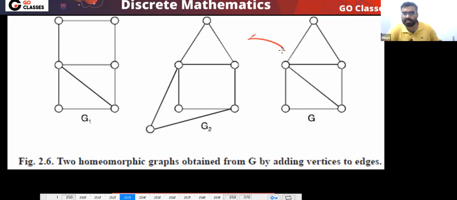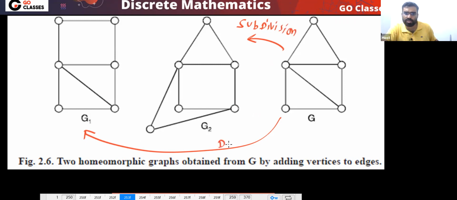Both of them are actually subdivisions of G. How to get G2? Like this, you can get G2. If I do this, then this is your G2.